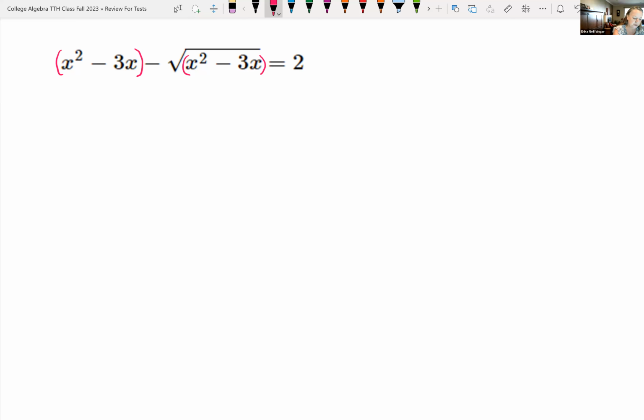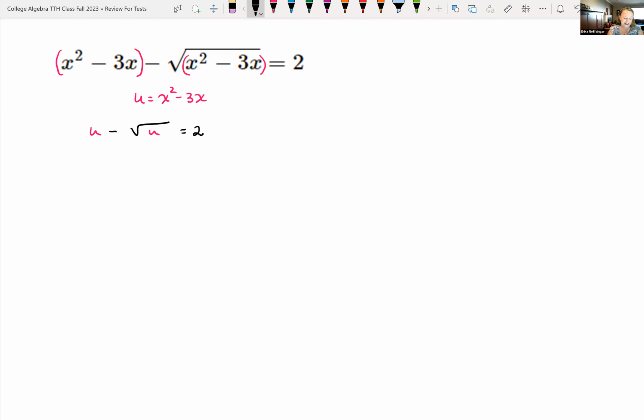So if we chose u to equal x squared minus 3x, right now we would have u minus the square root of u is equal to 2. So I can go in here and rewrite this in terms of another substitution, because I could see that this is going to be quadratic.